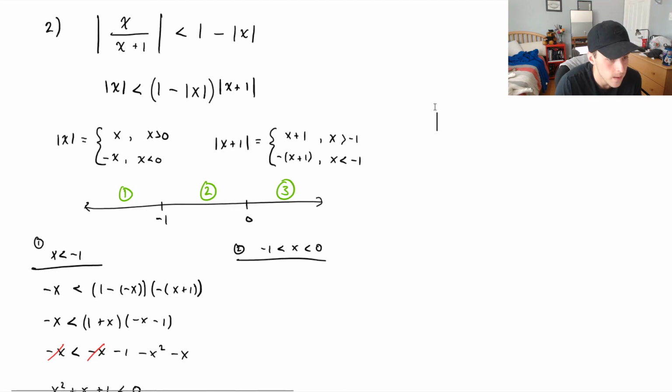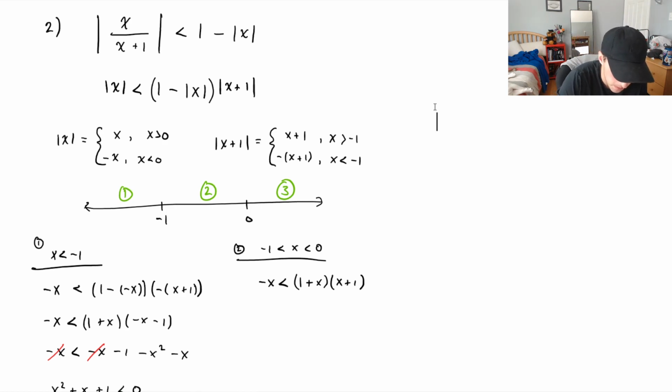So when x is less than 0, the absolute value of x will be -x. So we've still got -x on the left side, less than 1 minus -x, which I'm just going to simplify to plus x for now. And then x is greater than -1, which means that we're now just multiplying by x plus 1.